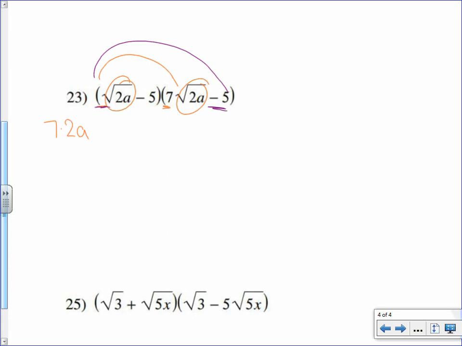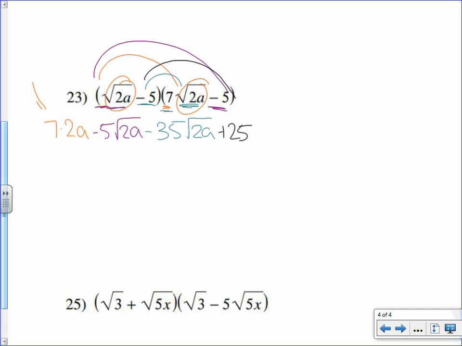This 1 times this minus 5 is minus 5, and then the square root of 2a is just tagging along. Inners, minus 5 times 7 is minus 35, and I still have the square root of 2a. And then last, minus 5 times minus 5, that's plus 25.